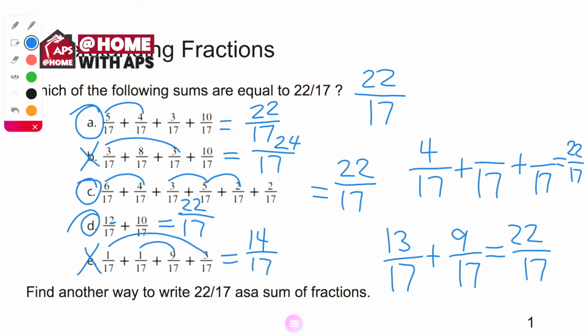Oh, I heard 11. Thank you. So I have 4 and 11. What does that make? 15. So I need to add something to 15 to get to 22. What could I add? 7. Thank you.